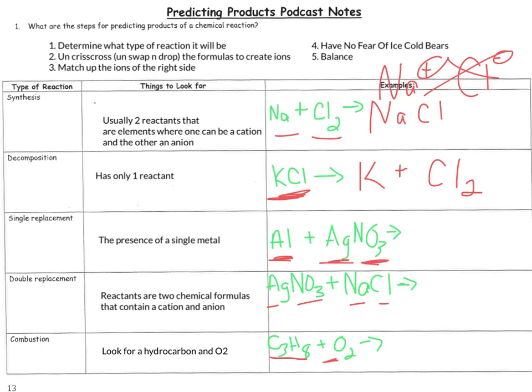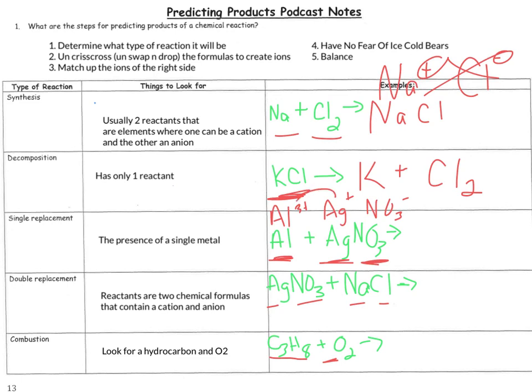A single replacement reaction has 1 metal, and then usually this other part is some sort of metal stuck to some anion. So the first thing I want to do is uncrisscross the charges. I'm going to have silver and nitrate. Nitrate has a negative 1 charge. Aluminum has a 3+ charge. And do you remember the charge on silver? That's right, silver has a +1 charge.